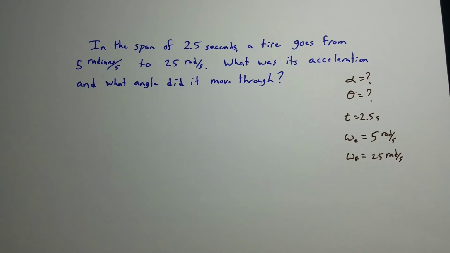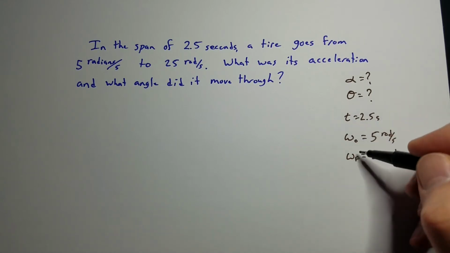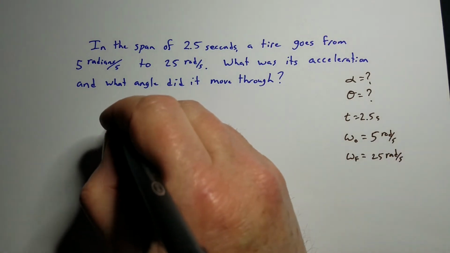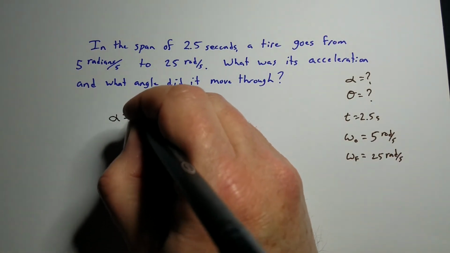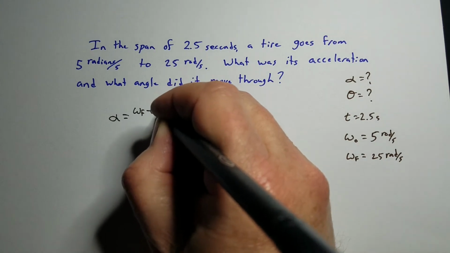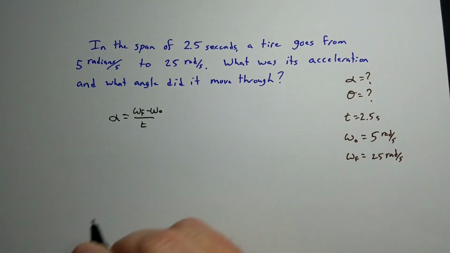So let's take a look at this. First thing I want to do is probably find the acceleration, because I've got a final velocity and original velocity. So alpha equals omega f minus omega o over t.